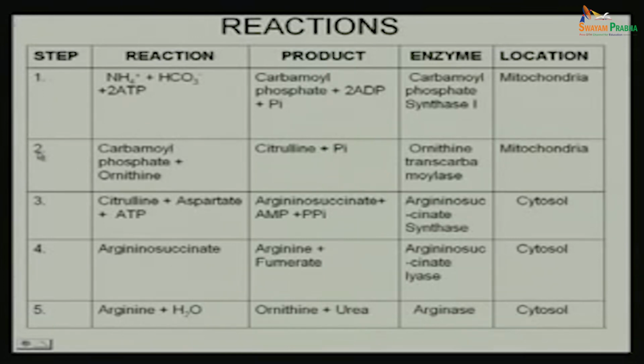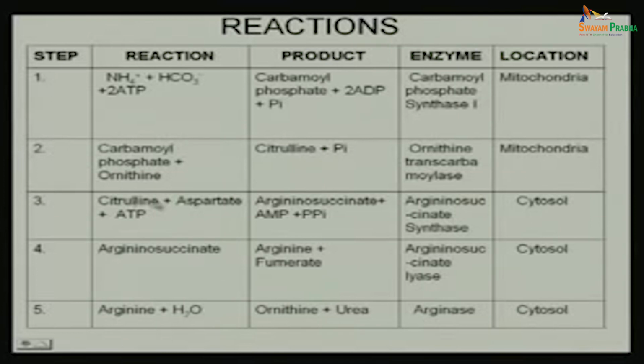When we come to the second step, carbamyl phosphate and ornithine, which is already present in the mitochondria, produce citrulline and one inorganic phosphate in the presence of ornithine transcarbamylase, and this step is also taking place in the mitochondria of the cell. As soon as citrulline is produced, it goes out of the mitochondria and comes to the cytoplasmic fluid of the cell.